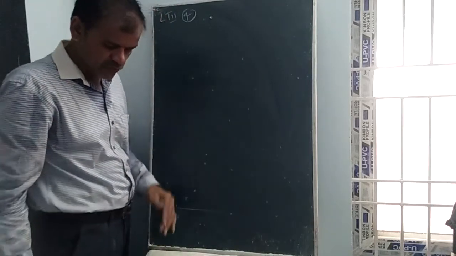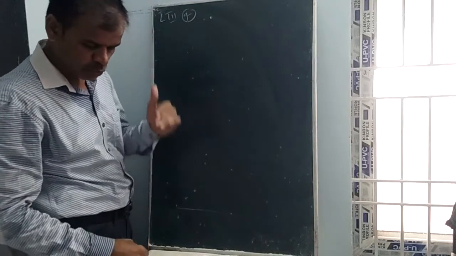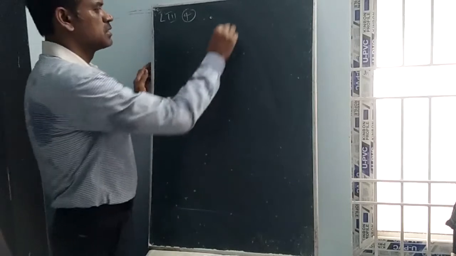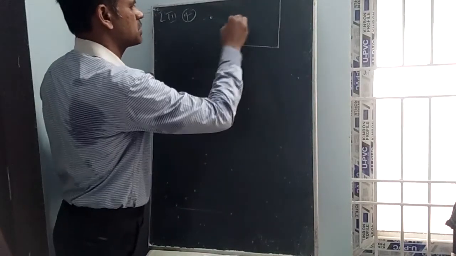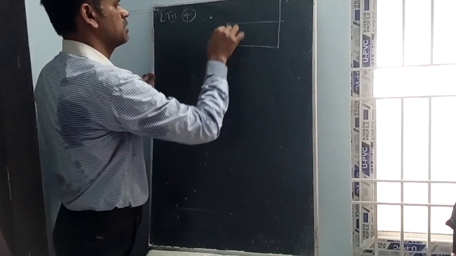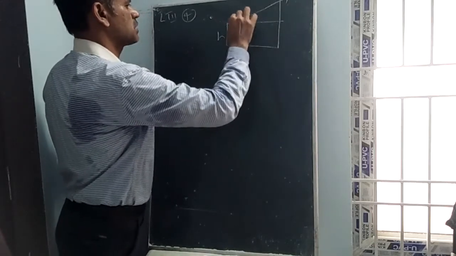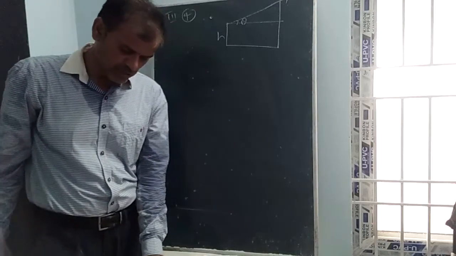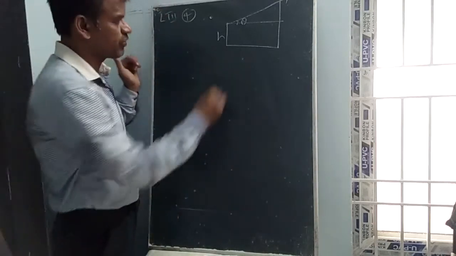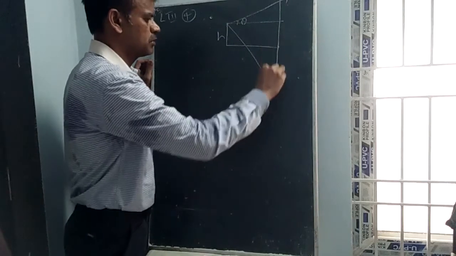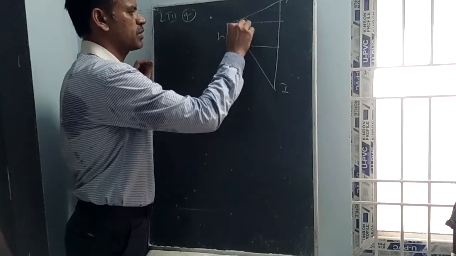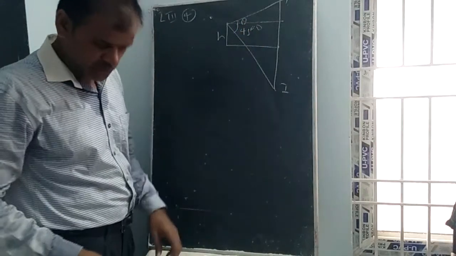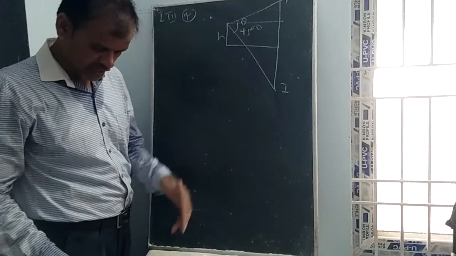The angle of elevation of a cloud from a point h meters above a lake is theta. This is the tower, this is the height, this is the theta. And the angle of depression of its reflection in the lake is 45. Then what is the height of the cloud? This is the image, this is 45. He has given the options in terms of tan and cot.